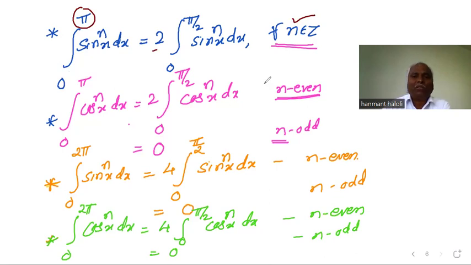Cos becomes 2 times only for even n, otherwise it will not become 2 times. For 0 to 2 pi, for all even numbers, it becomes 4 times integral 0 to pi by 2, 4 times. For cos also, 4 times for even numbers only, otherwise it is 0. Now I'll go for the next slide.